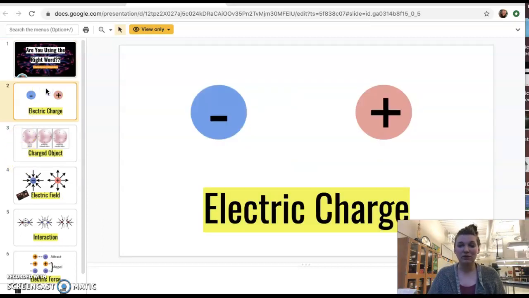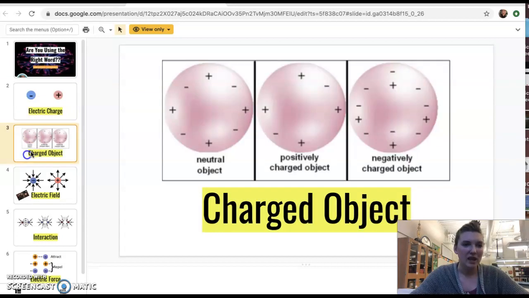When we're talking about electric charges, that's the plus and the minus, the positives and the negatives. So make sure you're not saying energy, make sure you're not saying forces when you're talking about this. The charge is just whether it's positive or negative, okay? A charged object is the object that is charged.